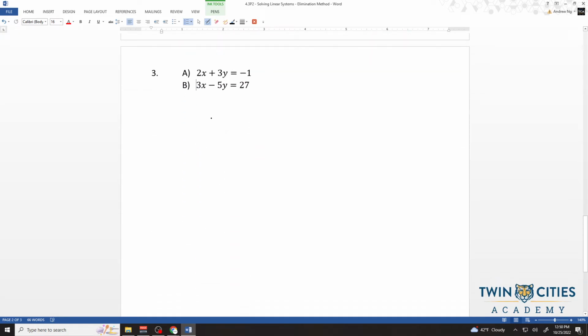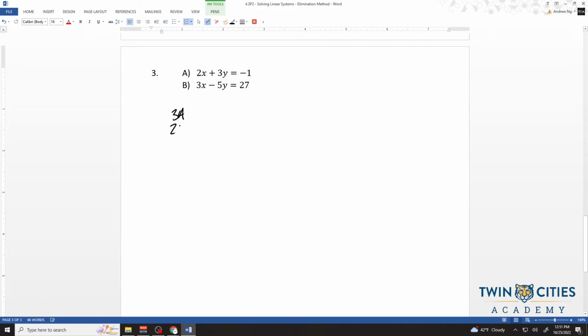Because I can't do that for number 3, I have to multiply by the other equation's coefficient, meaning for A, I look at the coefficients. This has a 2. This one has a 3. I'm going to multiply A by 3 because 3 is the coefficient on x for B. So this will be 3A and then 2B.